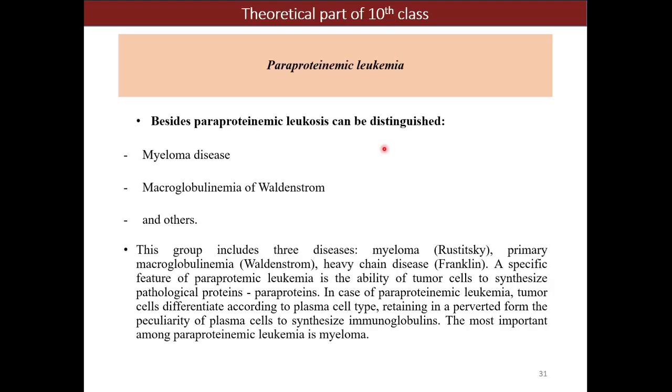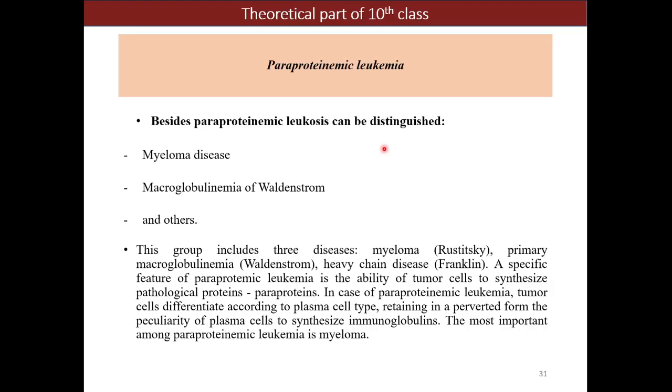Paraproteinemic leukemia. Besides this, paraproteinemic leukosis can be distinguished by myeloma disease, macroglobulinemia of Waldenstrom, and some others. This group includes three diseases: myeloma or Rustitsky disease, primary macroglobulinemia, and heavy chain disease or Franklin disease.